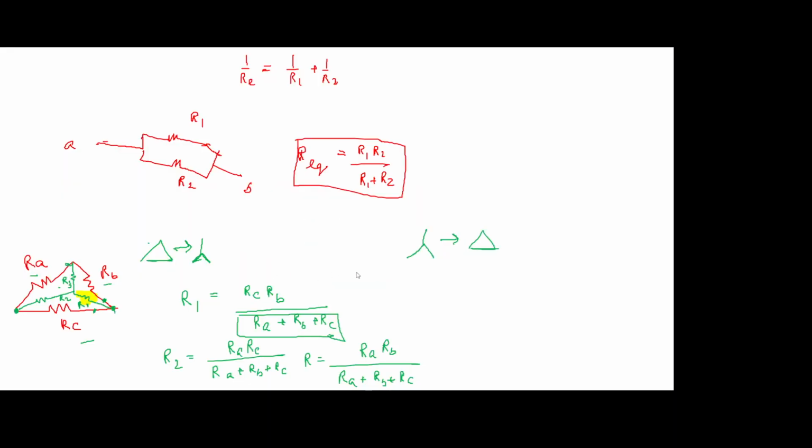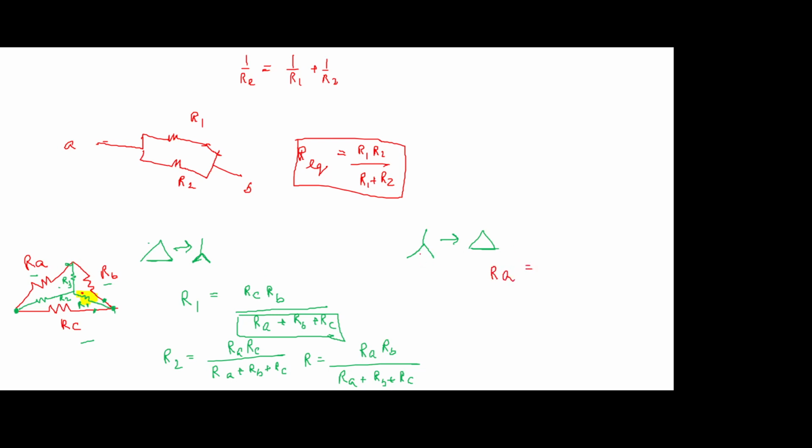For this kind of conversion, now I will change the pen color. Now from star to delta, suppose you have been given this R1, R2, R3, you have to calculate RA, RB and RC. So what will be RA?